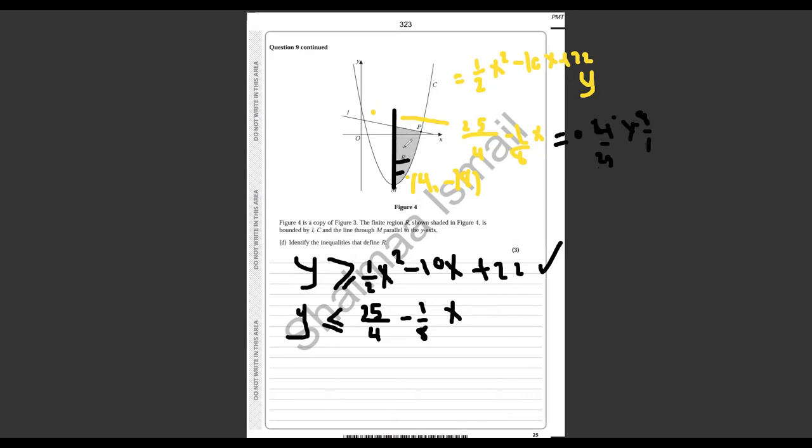So you can say that x is greater than or equal to 4 and less than point B. Let's solve it clearly: 25 over 4 minus 1 over 8 x equals y.